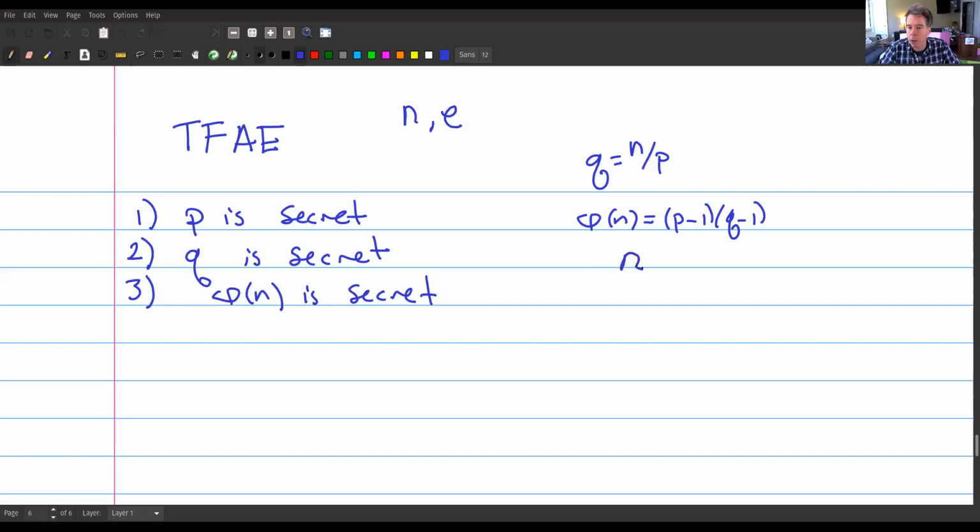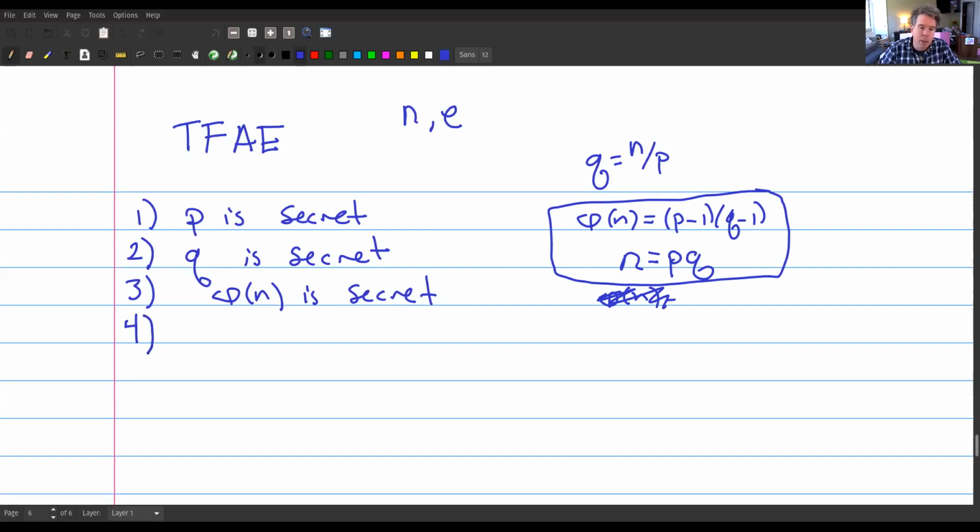You can do it because you have these two equations and two unknowns. n is equal to p times q, and phi of n is equal, well, there they are, actually, right here already written. So these are two equations and two unknowns if you happen to already know what phi of n is. So you can just use simple algebra to figure out what p and q have to be. We did all this last time. These things are equivalently secret.